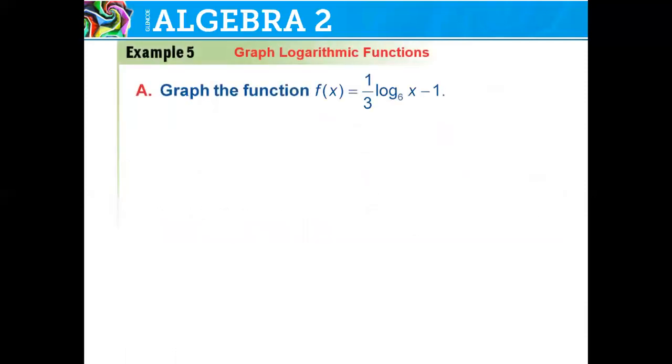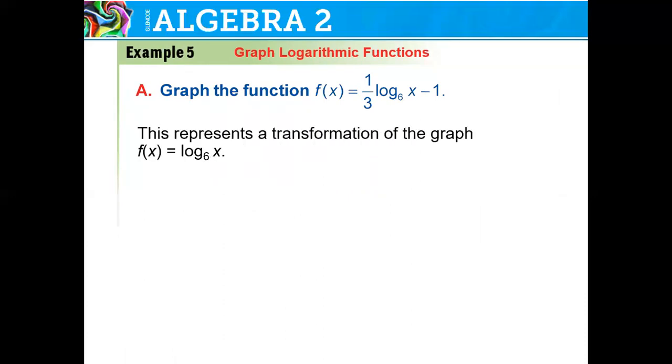Okay, so we now need to graph this logarithmic function with these transformations. The first step is to write what your b is. First of all, you want to know: is your b greater than 1, or is it between 0 and 1? Second, make an analysis about the transformation you have.